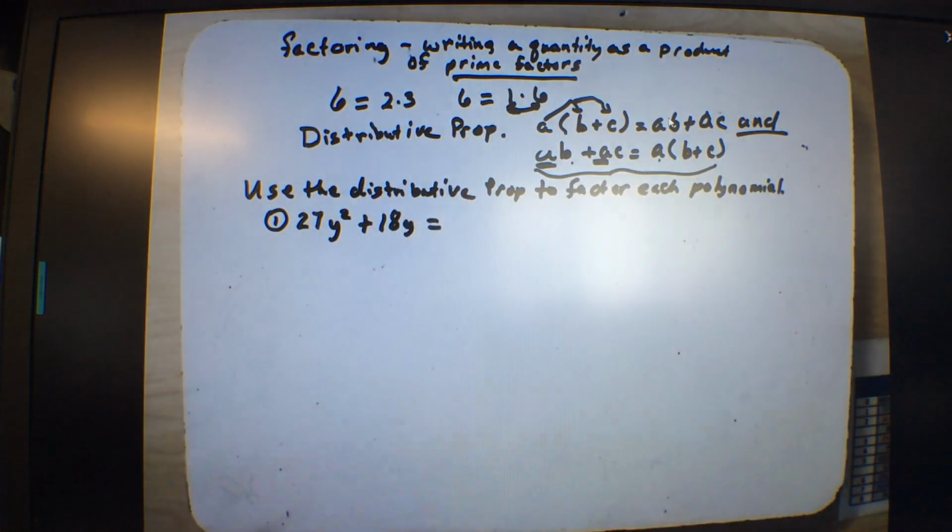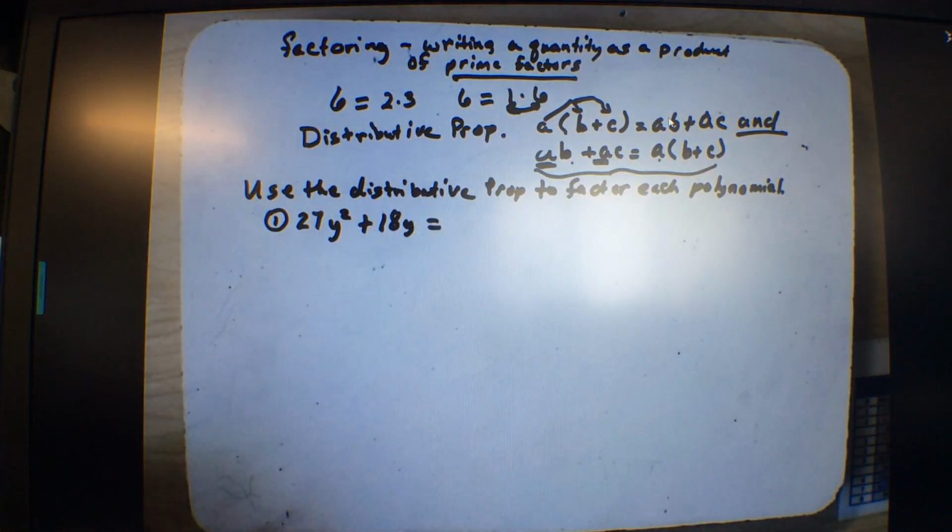Our goal is to look at how many terms there are, Ryan? How many terms are in that polynomial? 2. And is there anything that they have in common? The 2 terms, this term and this term. Let's talk about numbers. What do they have in common?